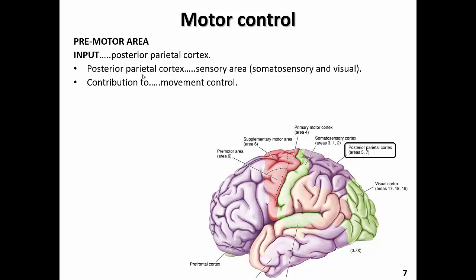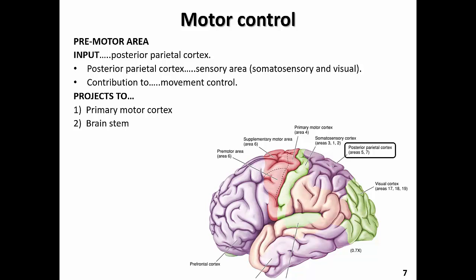And by receiving input from the posterior parietal cortex, the premotor area, through the sensory information, does provide an important element to movement control. In terms of premotor area projections, these neurons will project directly to the primary motor cortex in a similar way that we saw on the previous slides as it related to the supplementary motor area.